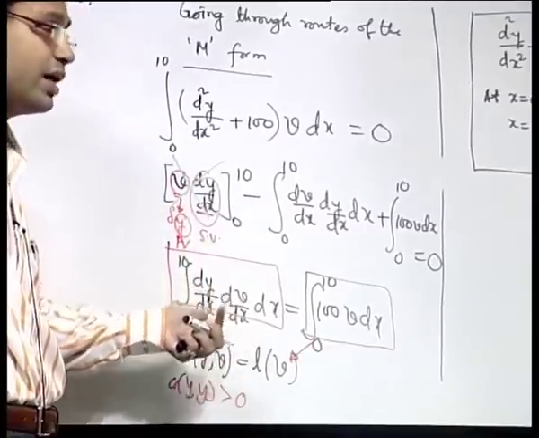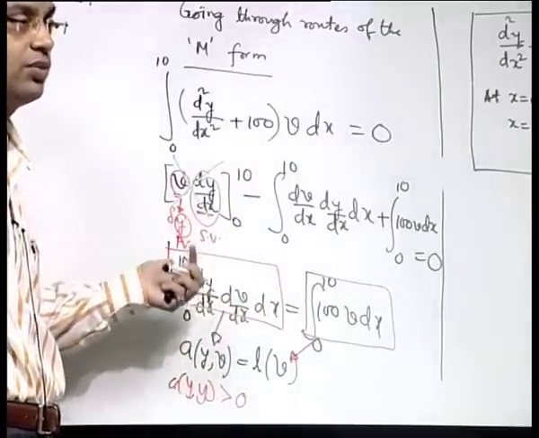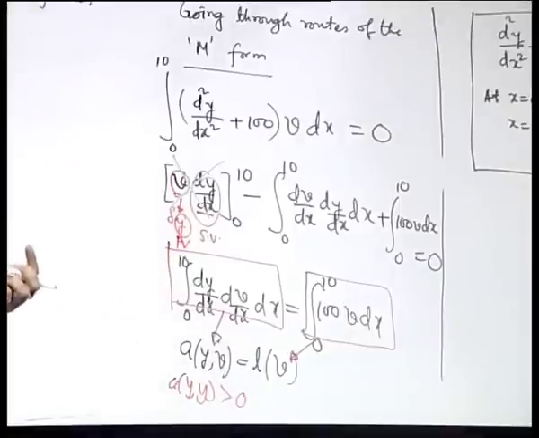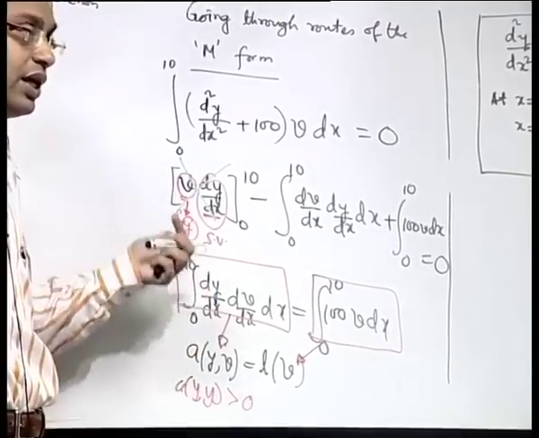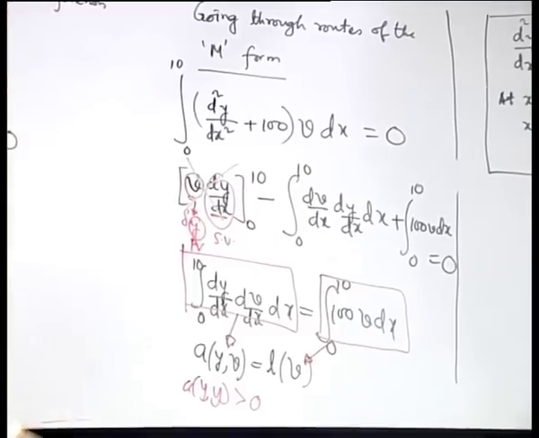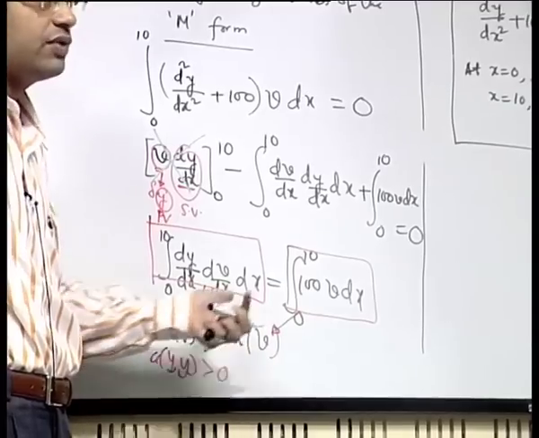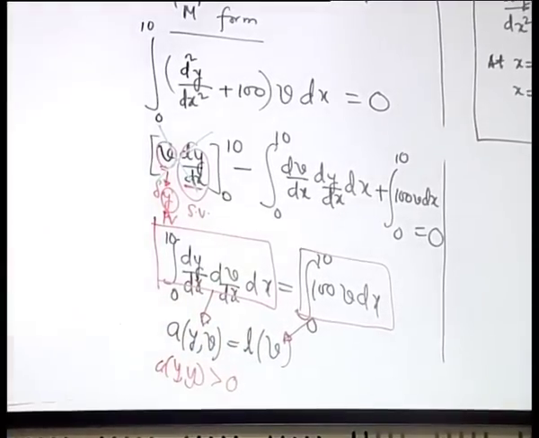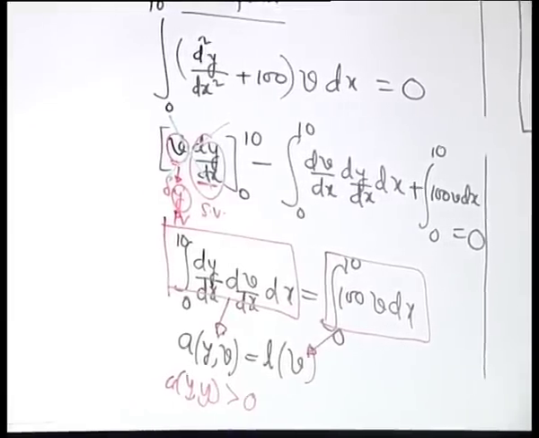So, it becomes integral of (dy/dx) whole square dx, which is greater than 0, because (dy/dx) whole square is positive and the domain of integration is also 0 to 10. So, A(y, y) is greater than 0, that means it is a positive definite operator. So, that means its M form exists.